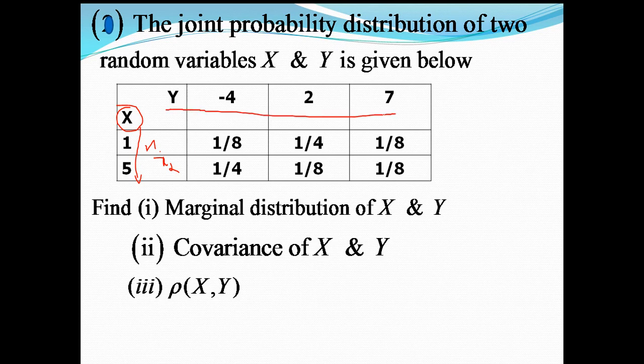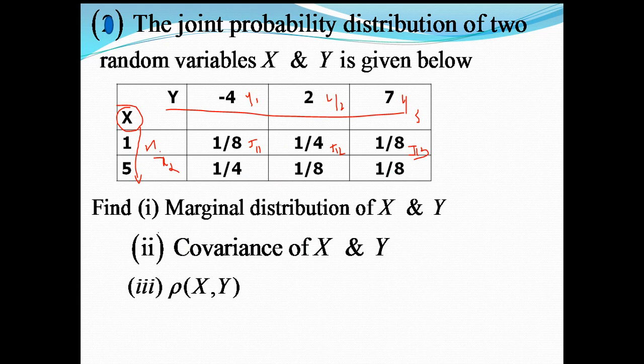Row-wise, this represents y1, y2, and y3. Now this is J11, the first element in the joint probability table. This is J12, this is J13. Similarly, in the second row, J21, J22, J23.